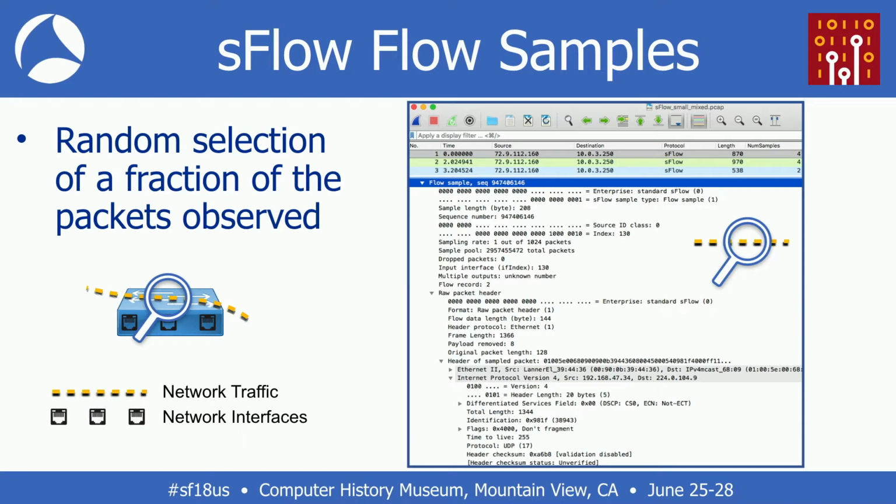The other samples that sFlow provides us are the so-called flow samples. They contain randomly selected packets that are traversing your device. As we can see from this capture, we have a flow sample that contains a real traffic packet sample from the network device.